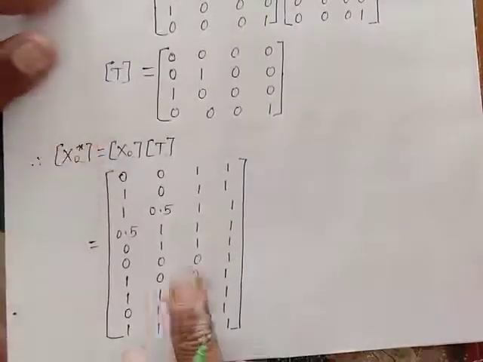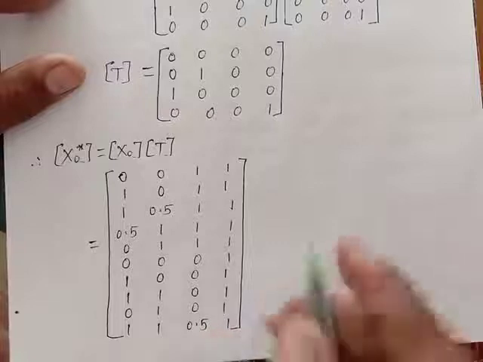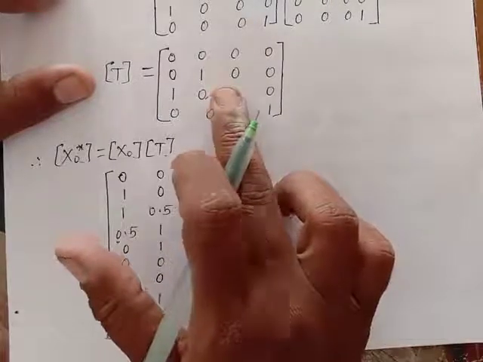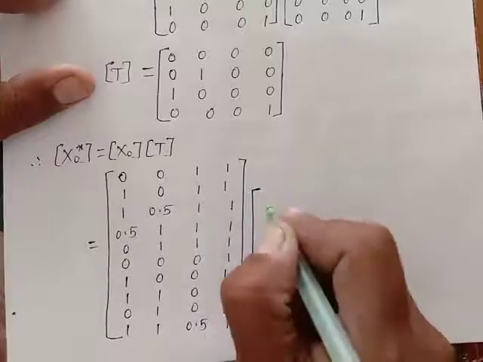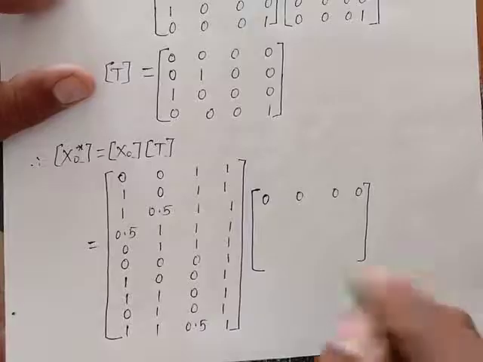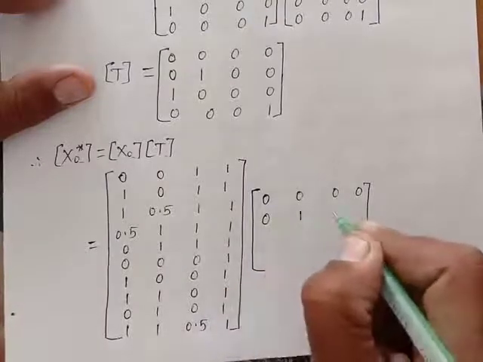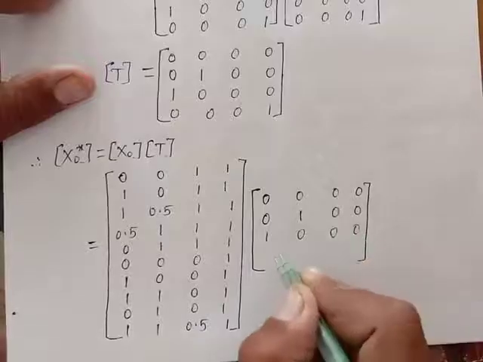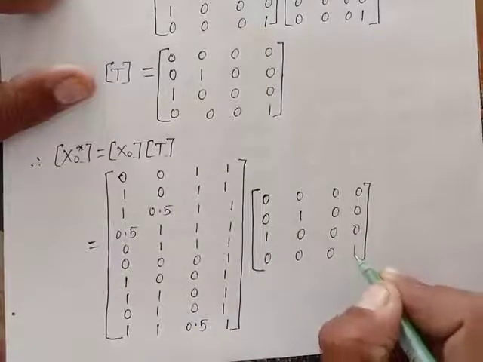This matrix is given in the question to us. Now into T. T we have obtained. This is our T: 0 0 0 0, 0 1 0 0, 1 0 0 0, 0 0 0 1.